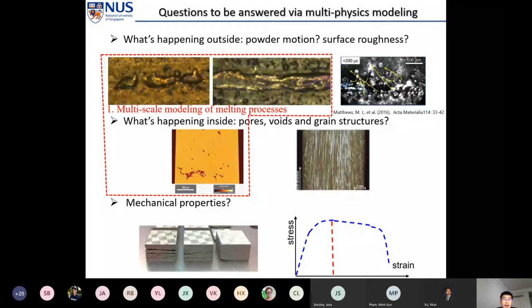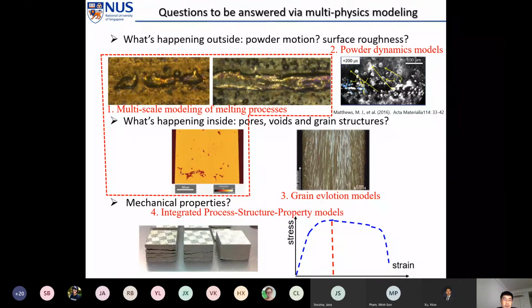For surface roughness, pores, and voids, we developed multi-scale modeling of the melting process. For the powder motion, we developed a couple of powder dynamics models. For the grain structures, we developed a couple of grain evolution models.